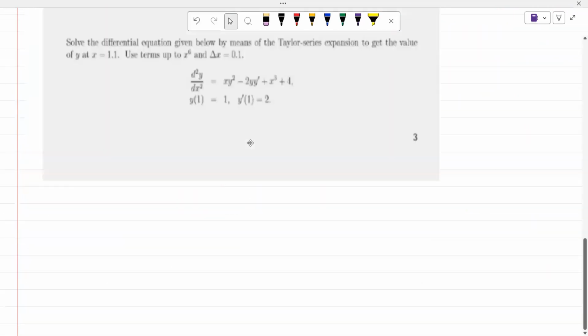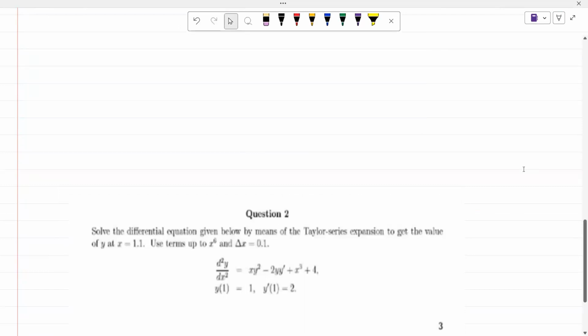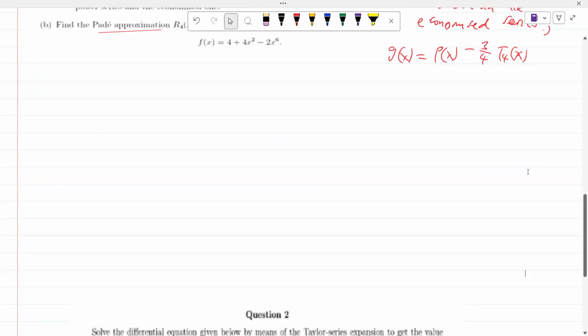What this signifies is that we have the polynomial g, which is p of x minus 3 quarters of T4 of x. You'll see exactly why this is the correct algebraic method to use. What is our p of x here?